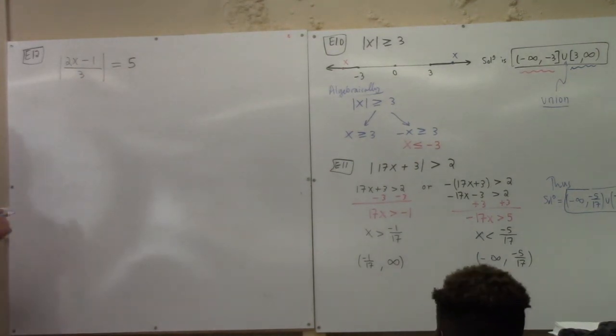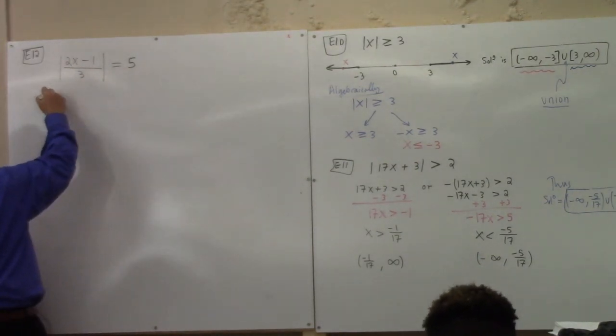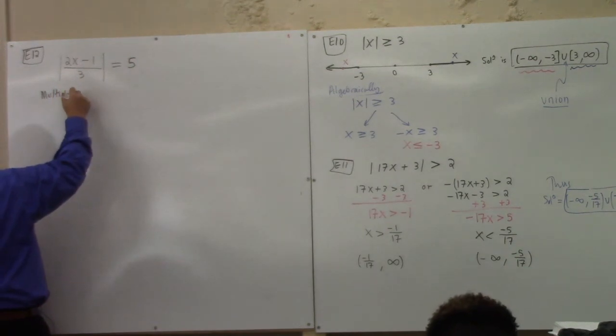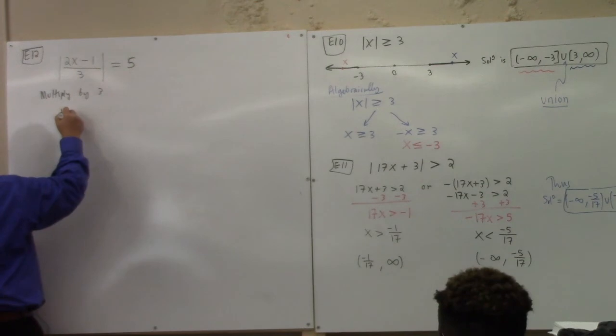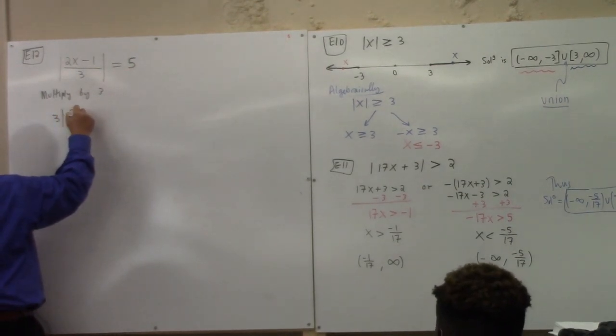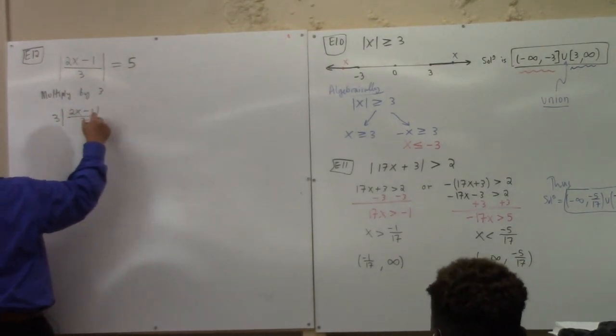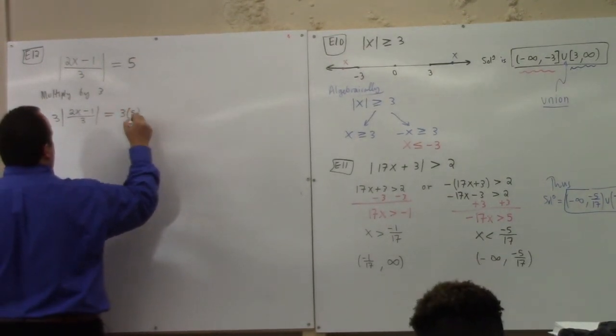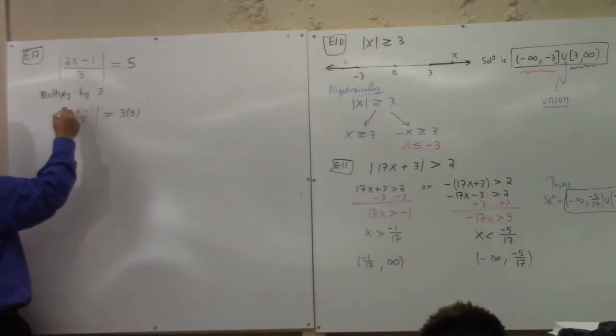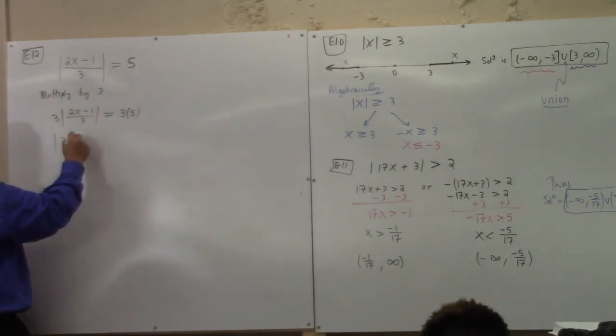Multiply both sides by 3. I like that a lot. So multiply by 3. That gives us the absolute value of 3 times 2x minus 1 over 3 equals 15, right? Now here's the thing, you can bring the 3 inside because 3 is positive.